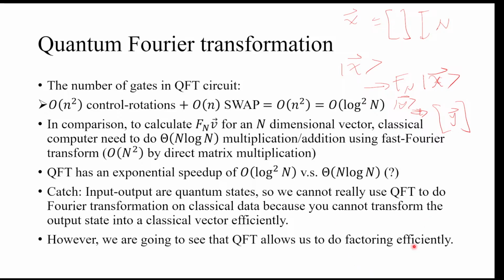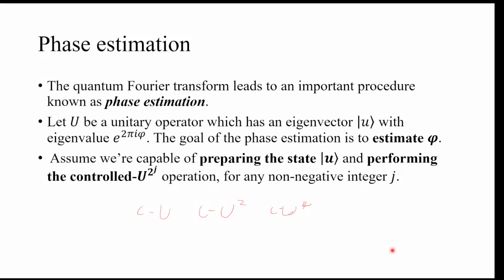The interesting story is that phase estimation was not discovered by Peter Shor. It was discovered by Alex Kitaev. Maybe let's write down the name Kitaev, who is also a very powerful person in quantum computing.